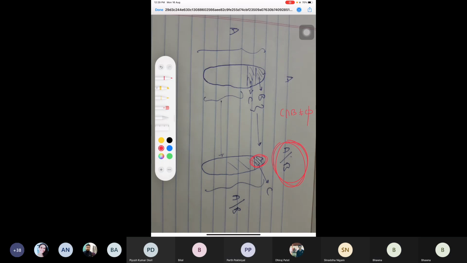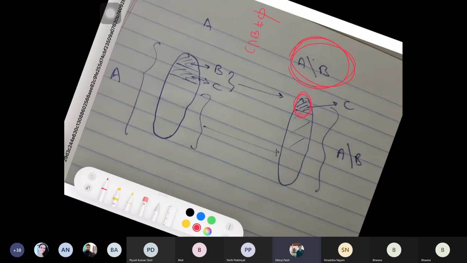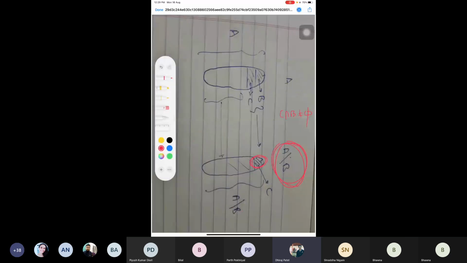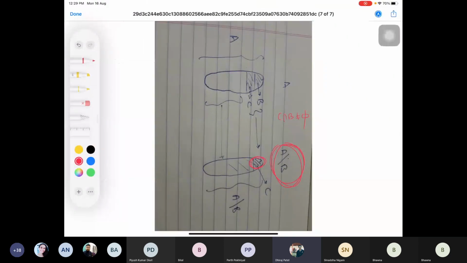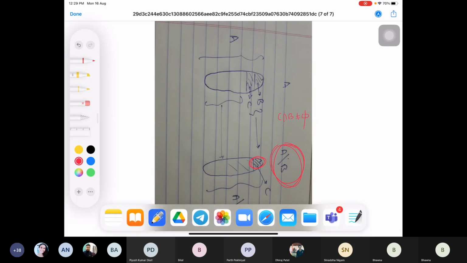Dheeraj is correct. Just try to understand again. From here you see that phi of A equals f of A. So f of A is in the range space in C. So C also includes some element of B. You understand what I'm saying? Yes, sir.